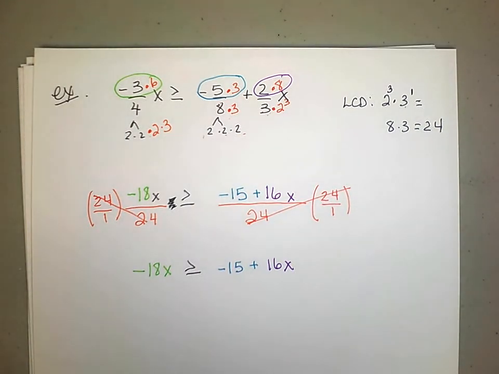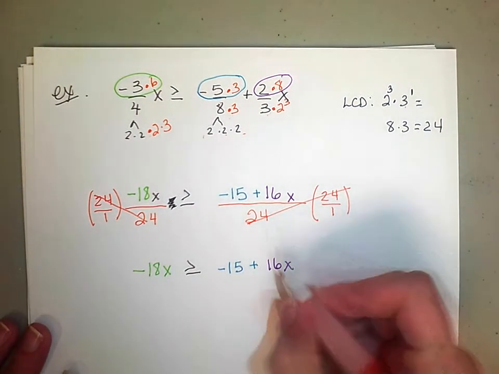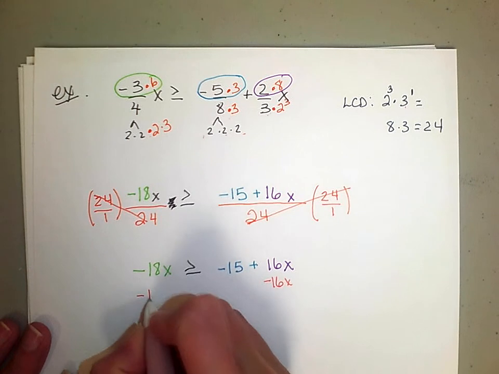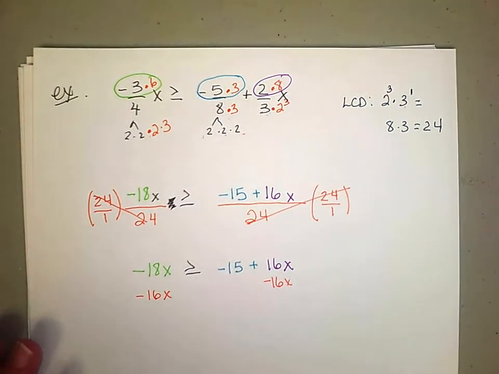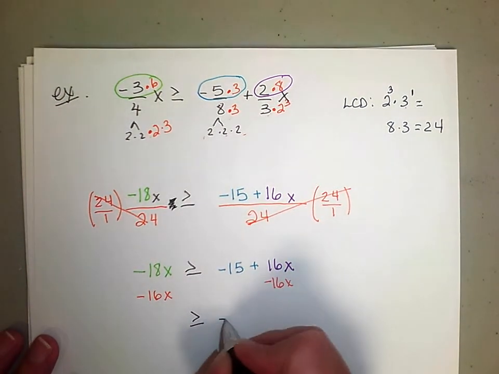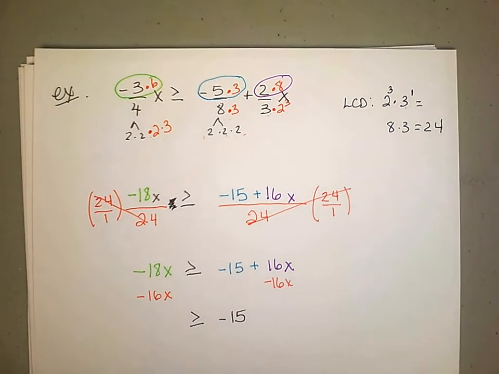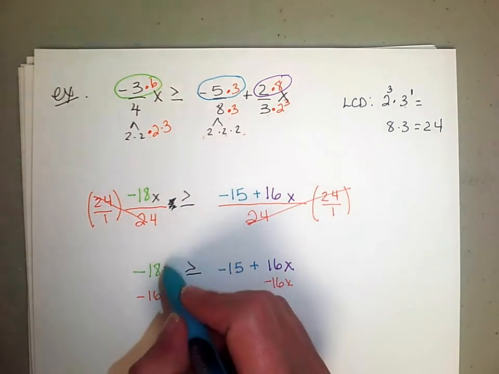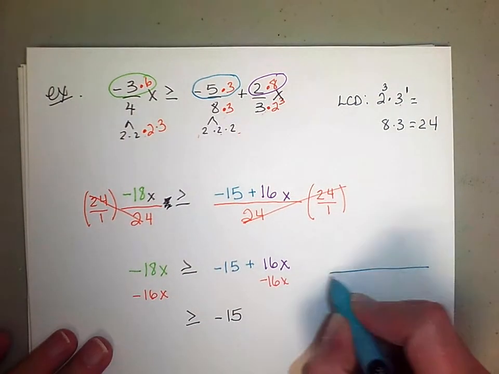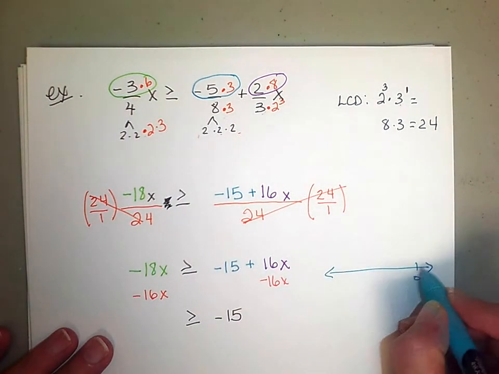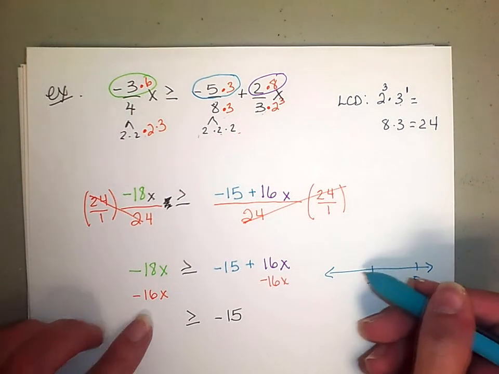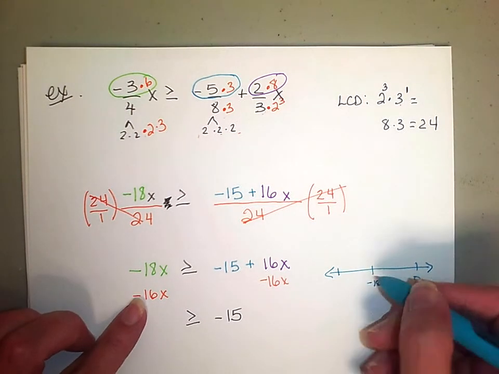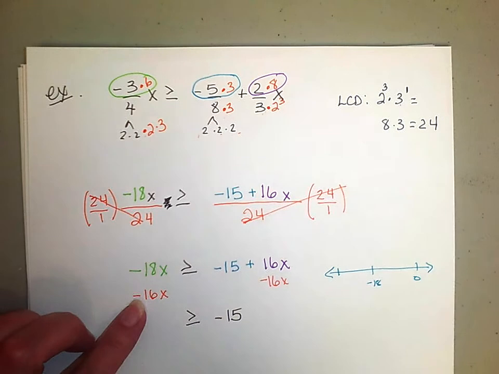Well, we could get to 16. So let's subtract 16x. So this will be greater than or equal to negative 15. And now here, what we have is on the number line, here's 0, I've come down to negative 18, and then I'm going an additional negative 16 units.